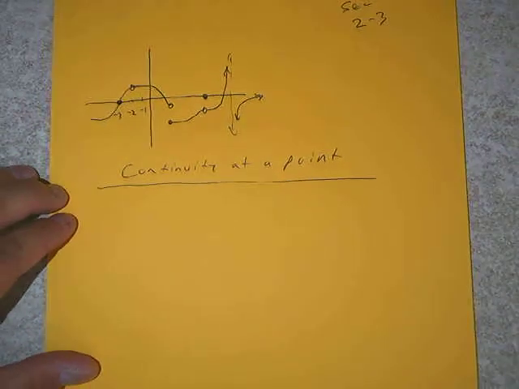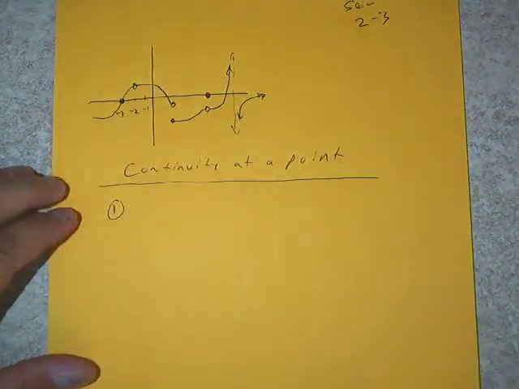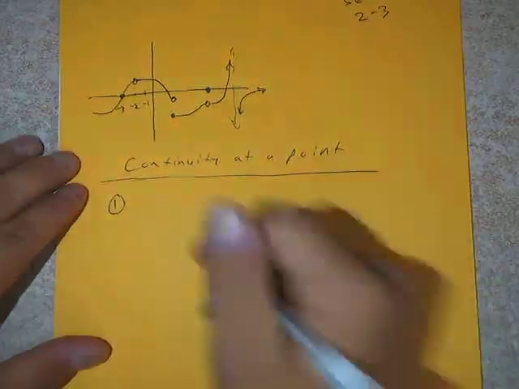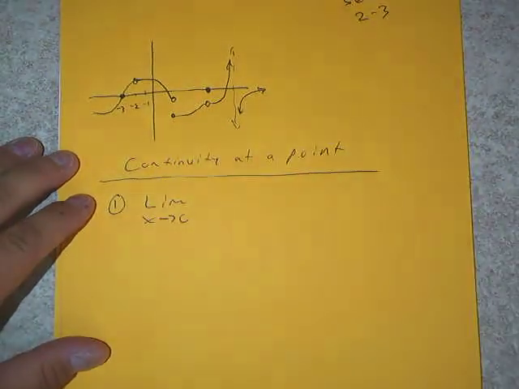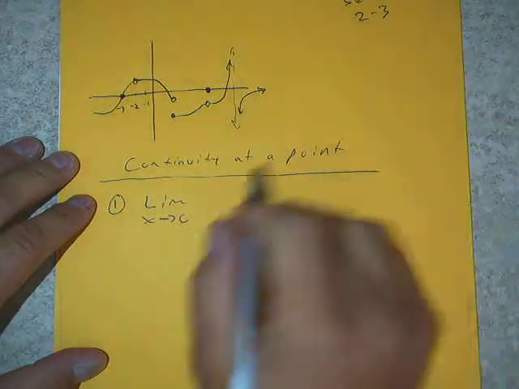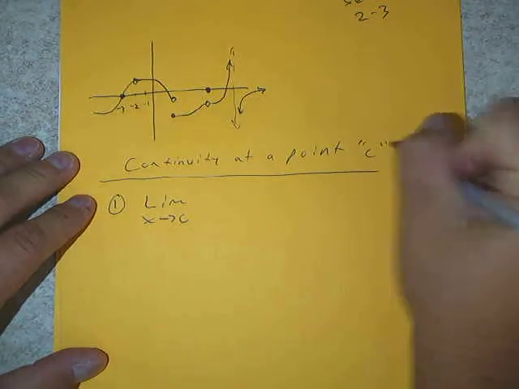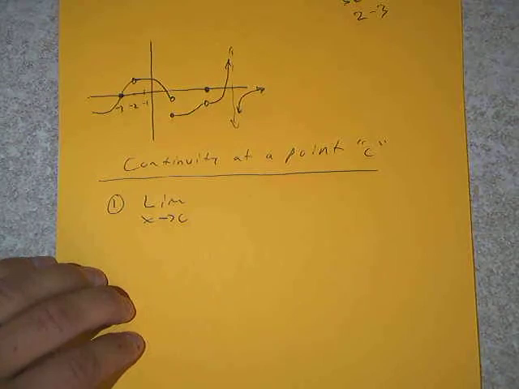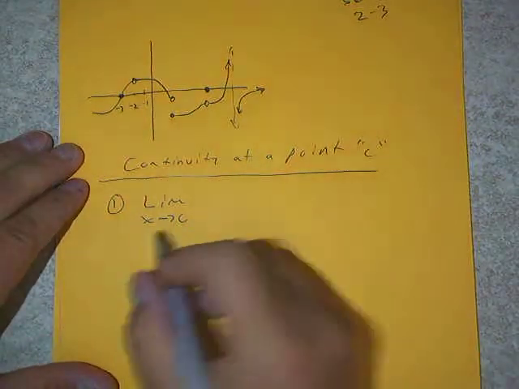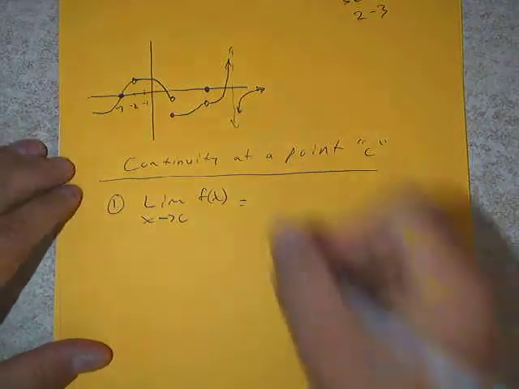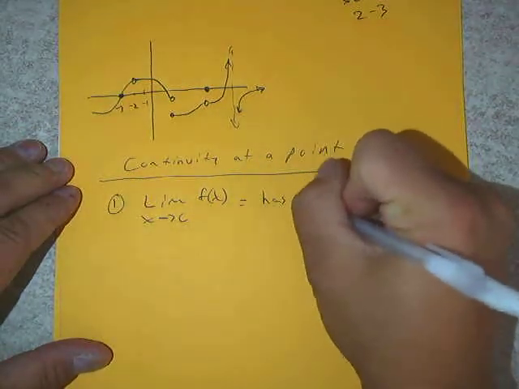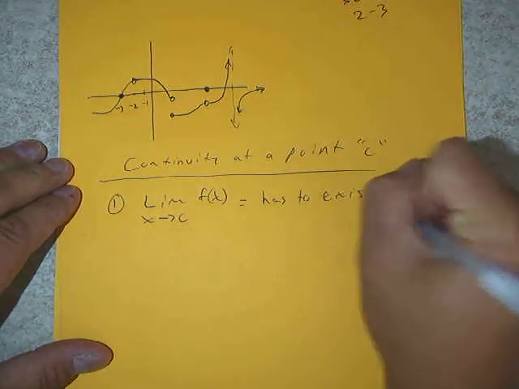In order for a function to be continuous at a particular point, three things have to be true. First of all, the limit at the point, and we'll call it c. So our point in question is c, and the limit of our function at point c has to exist.